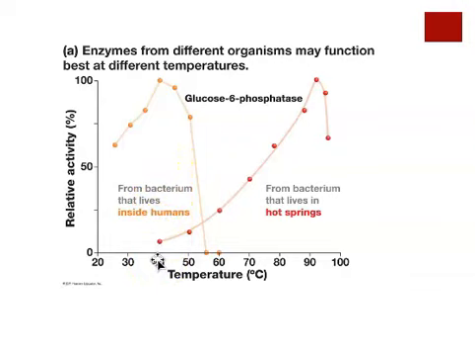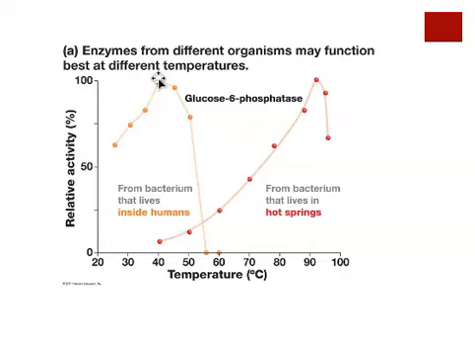This happens to be the body temperature of a human being. This bacterium, in fact, lives inside a human body. Maybe it's in the intestinal tract. So it has evolved to become adapted to human body temperature. And its enzymes, including this glucose 6-phosphatase enzyme, have evolved to function best at this body temperature.